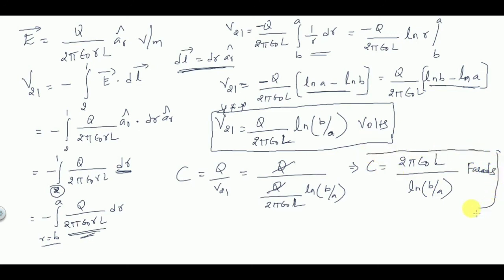This is the formula for capacitance in a coaxial capacitor: 2 pi epsilon naught L by natural logarithm of b by a. So this is how we can find the capacitance of a coaxial capacitor.